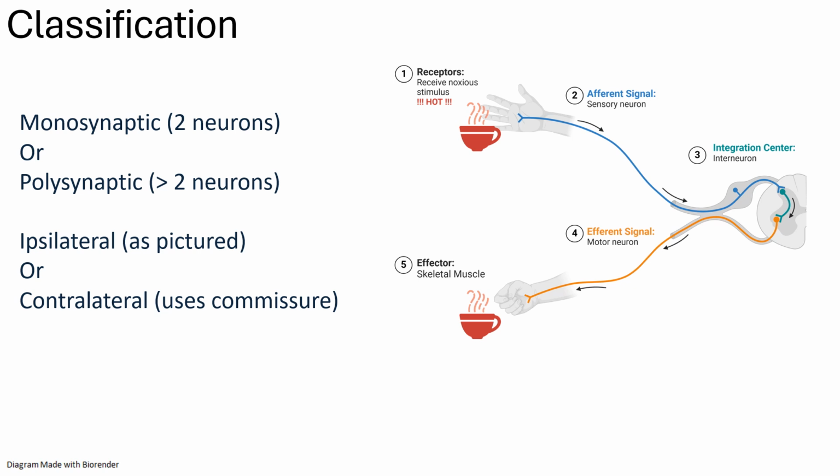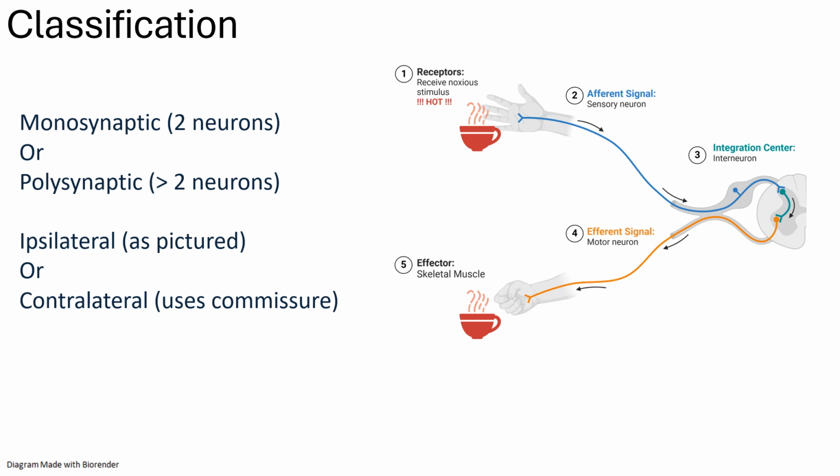The example that we use that you see here is also an example of an ipsilateral spinal reflex, where all of the neurons, sensory and motor, are located only on one side of the spinal cord, and there's no communication to the other side.